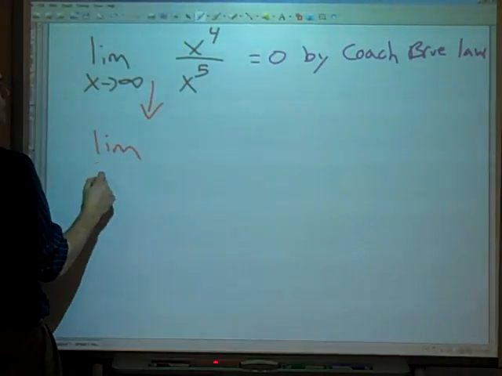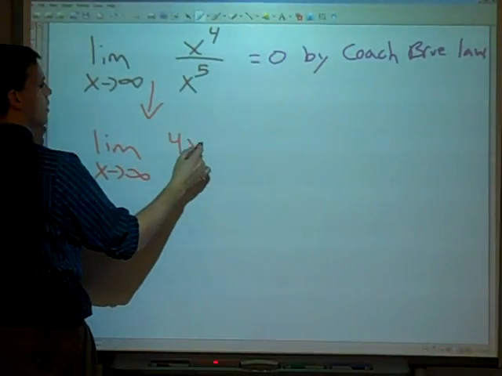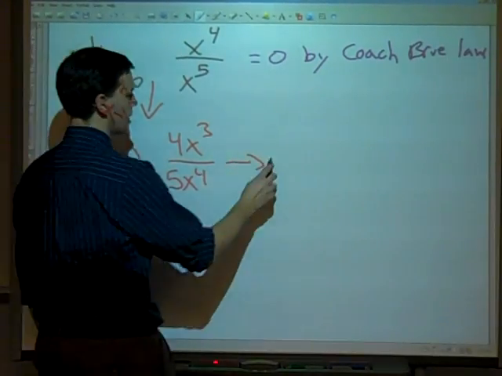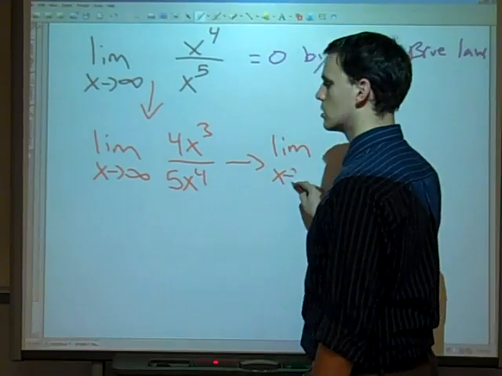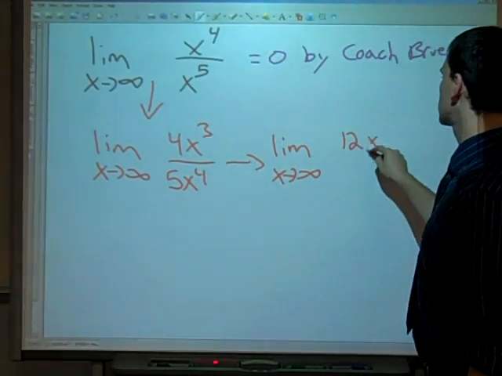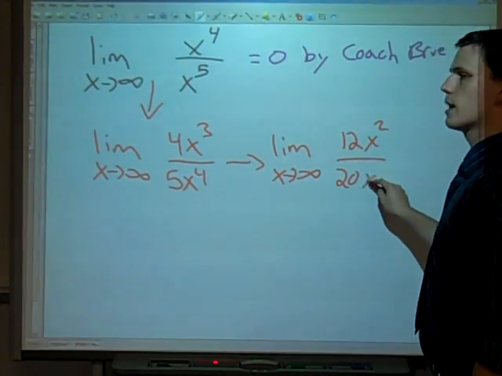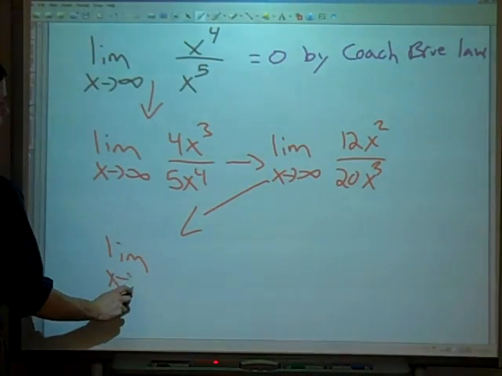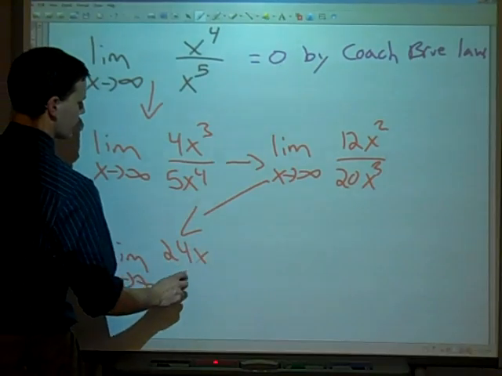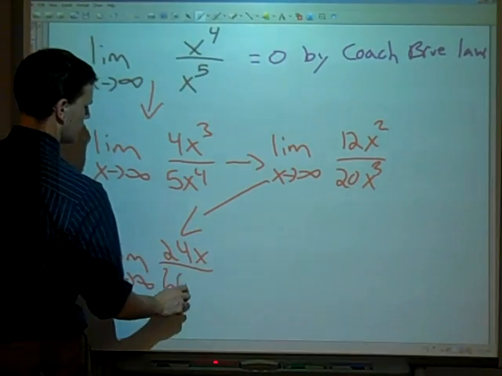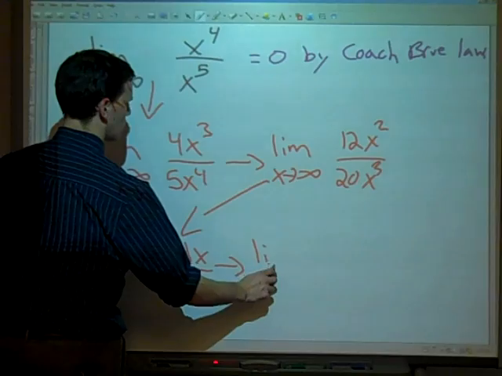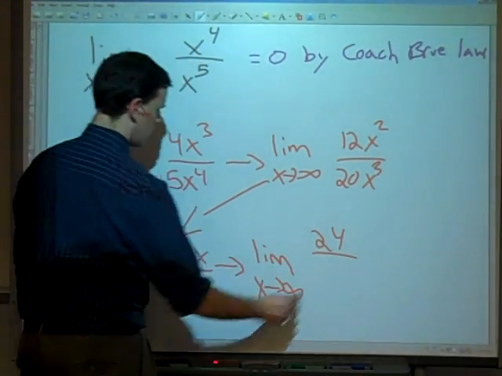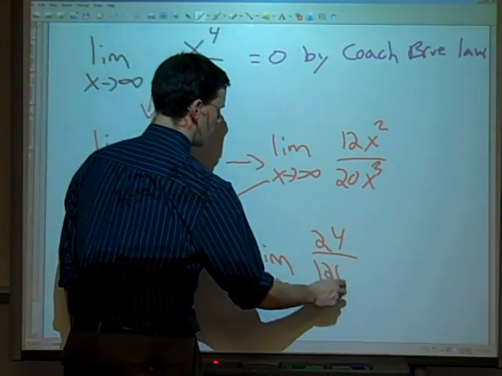You get the limit as x goes to infinity of 4x cubed over 5x to the 4th. L'Hopital's rule again. Limit as x goes to infinity of 12x squared over 20x cubed. L'Hopital's rule again. Limit as x goes to infinity of 24x all over 60x squared. L'Hopital's rule one more time. 24 all over 120x.